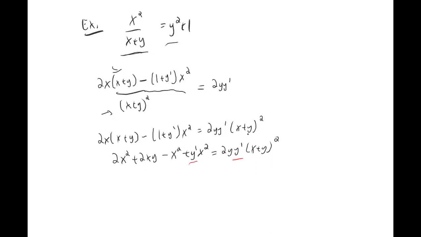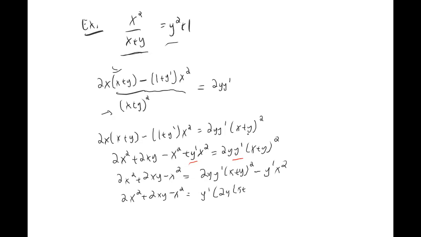So let's move it all to one side. I'll keep things here, and then let's move the y primes all to one side. Exact same way as you would solve an algebraic equation, with y prime as your variable. Minus y prime x squared. Same exact thing, factor out your y prime.